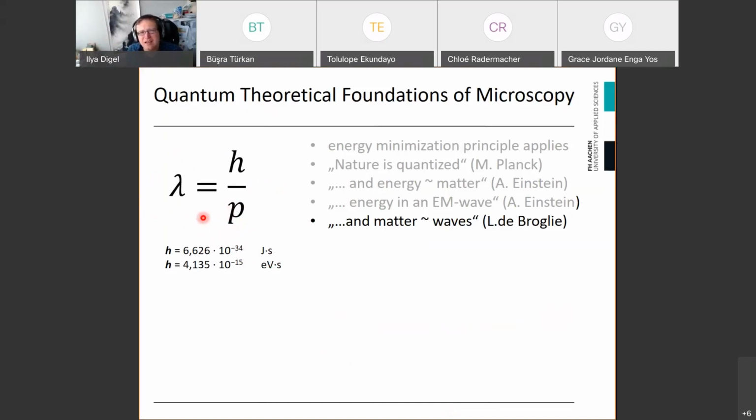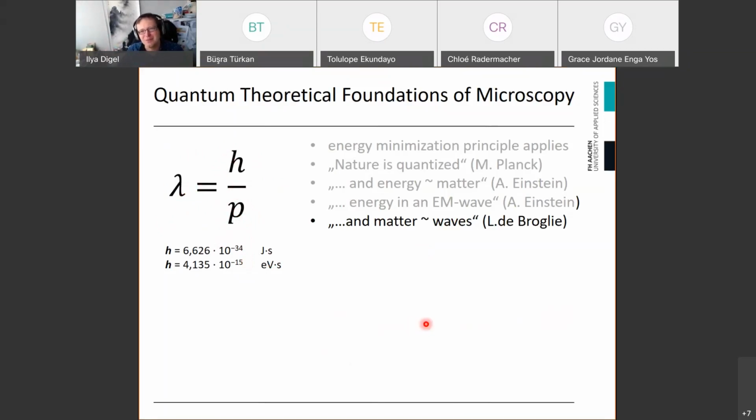So if we check just the impulse, the momentum of motion of this object, and if we divide the Planck constant by this momentum of motion, we will get a certain value, and this value is going to represent the wavelength typical for this object. That means we can do this calculation for me and for you, for example.